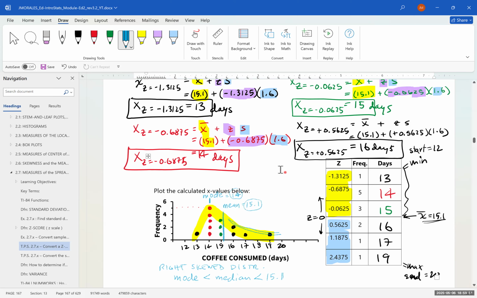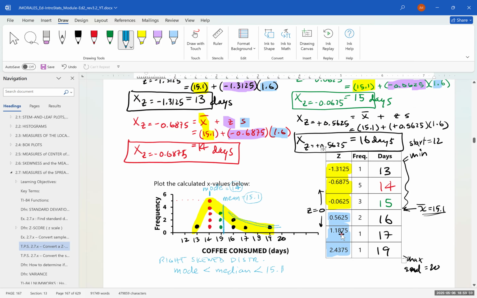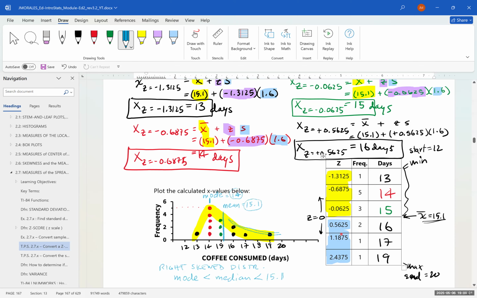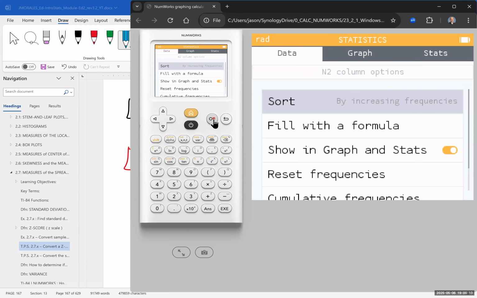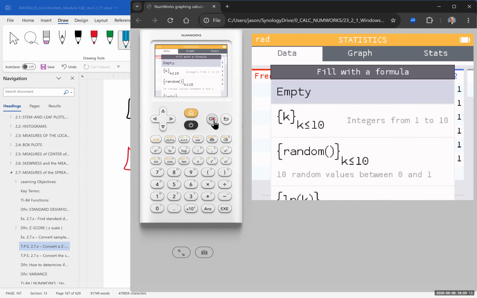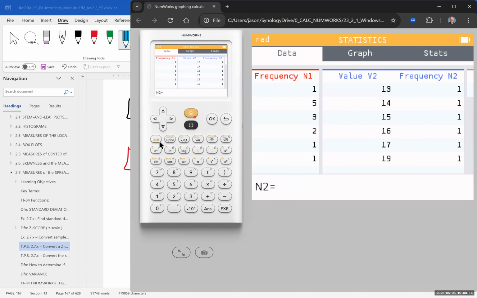And let's do a quick one variable stats and just calculate the median just to see if we're right. Okay, let's do that really quick. Let me copy these values over from this column to this one. So I'm going to fill with a formula, empty, and let me put N1.